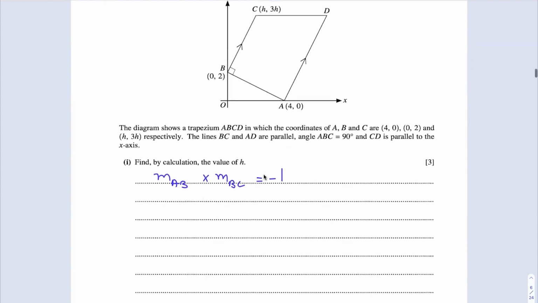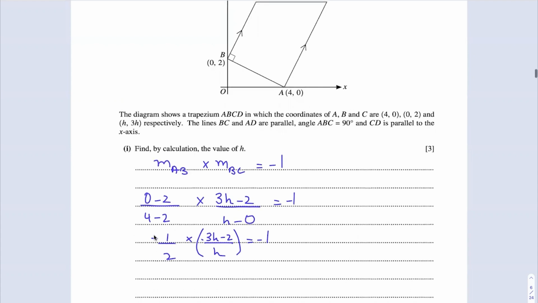So the gradient of AB can be written as (y2 minus y1) upon (x2 minus x1), so (0 minus 2) upon (x2 minus x1), multiplied by the gradient of BC, which will be (3h minus 2) upon (h minus 0), equals minus 1. So this will become minus half multiplied by (3h minus 2) upon h equals minus 1.